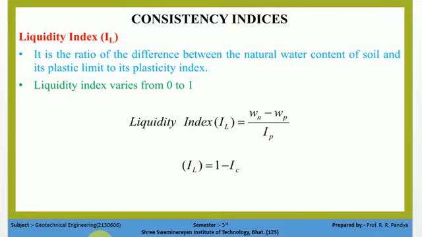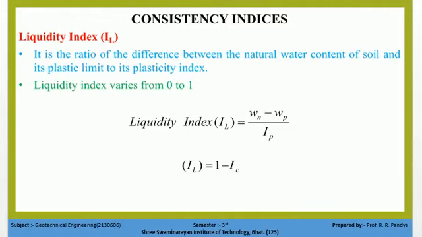Liquidity index is solved through the equation Wn minus Wp divided by Ip. Here Wn is natural water content, Wp is plastic limit, and Ip is plasticity index. Also, liquidity index is 1 minus Ic, where Ic is consistency index.